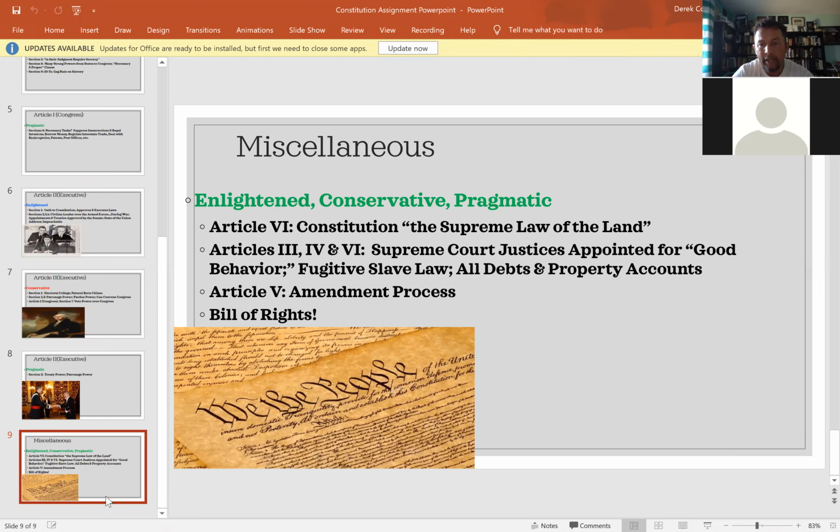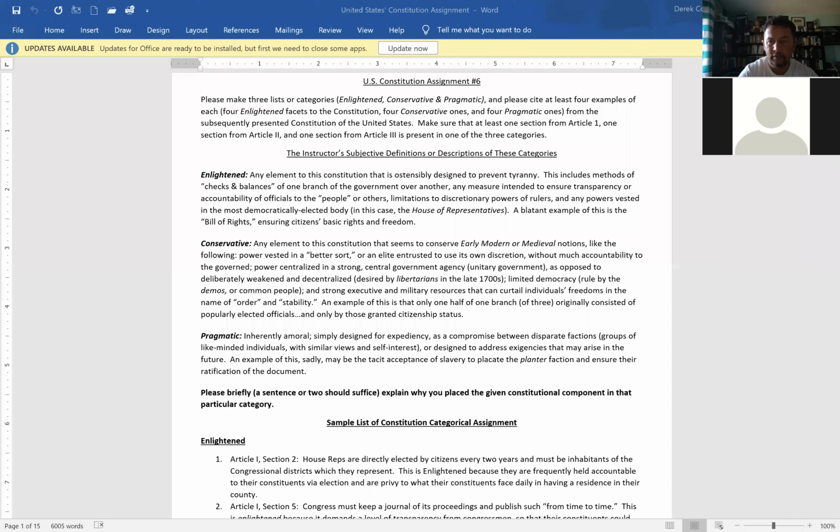Yeah. And notice, Savon, I have the Constitution itself copied and pasted on the assignment itself as well. Okay, nice. And also, it's in the back of your textbook as well. But yeah, see here, I copied and pasted it.